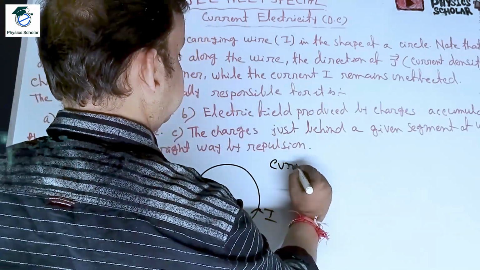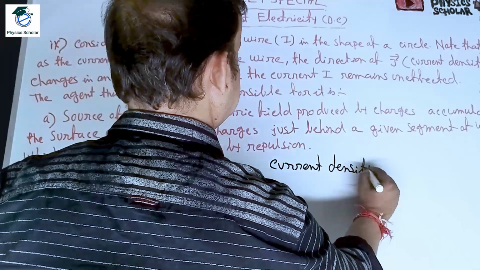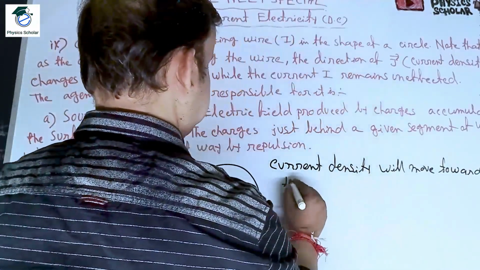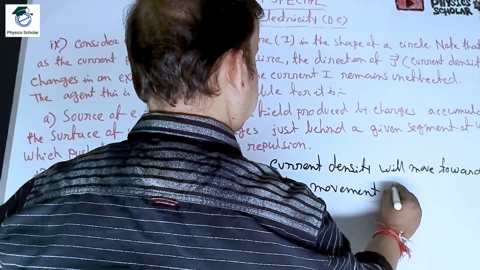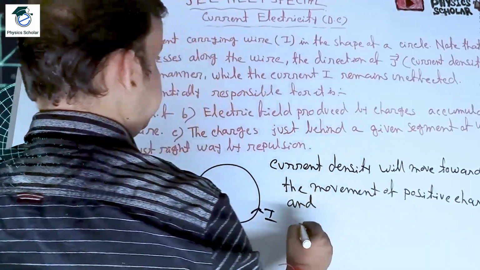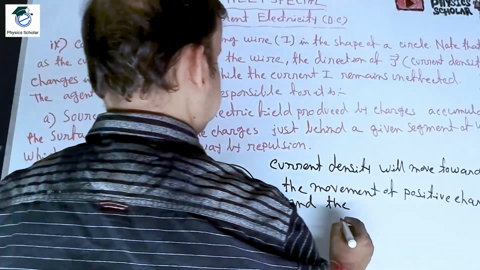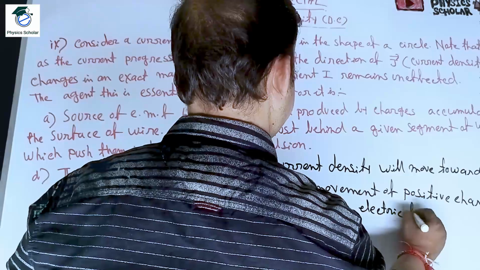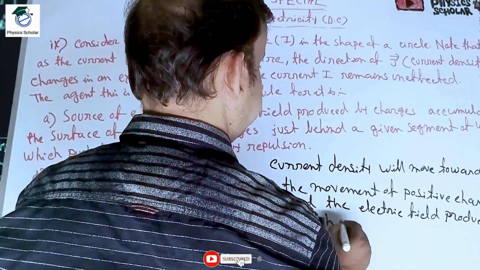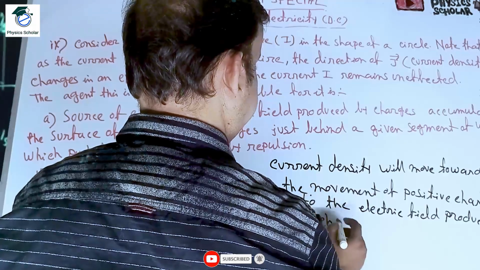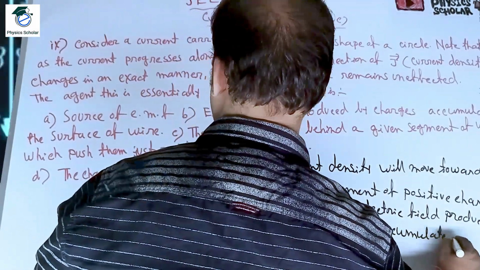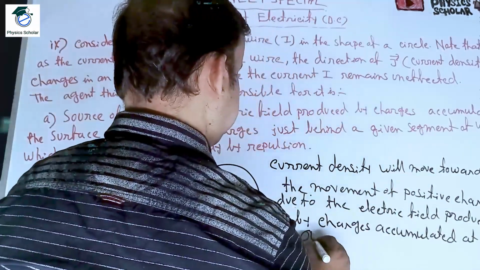So current density will move towards the movement of positive charge, and the electric field produced by charges, the positive charge, due to the electric field produced by the charges accumulated at the outer surface.